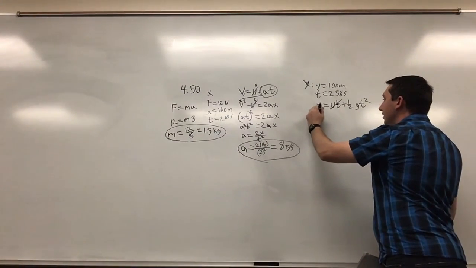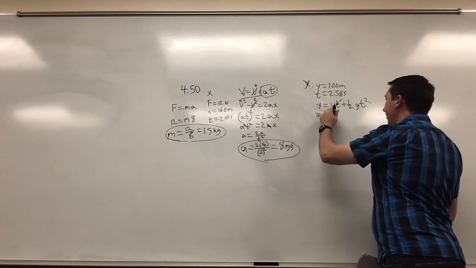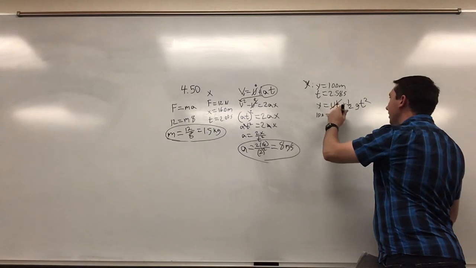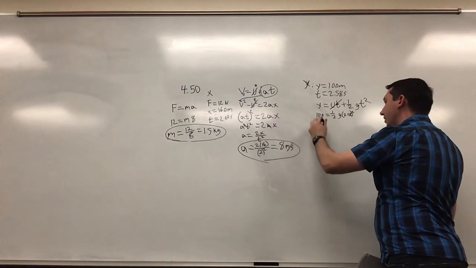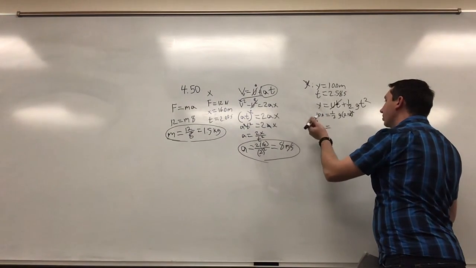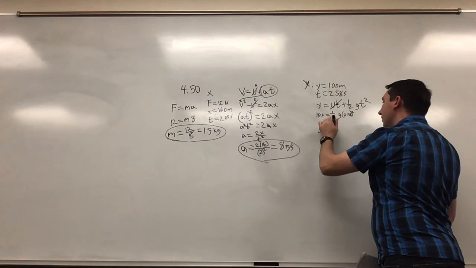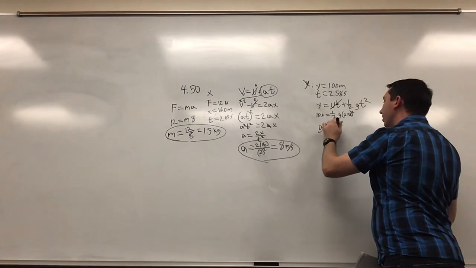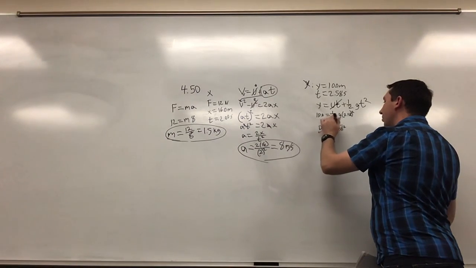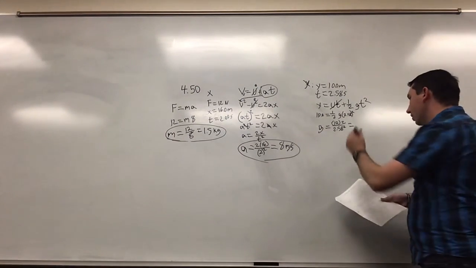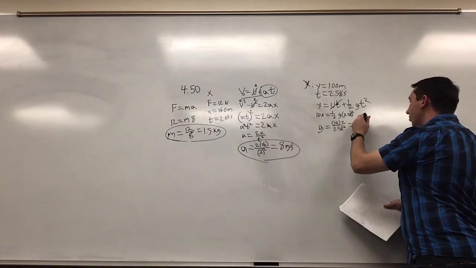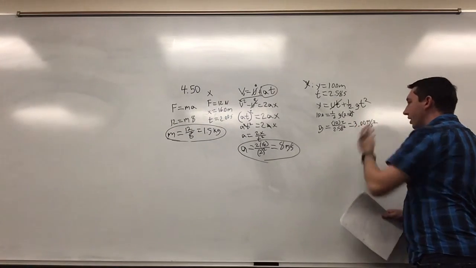We know that the distance is 10 meters. It's equal to 1/2 g times 2.58 squared. So g is equal to 10 divided by 2.58 squared, times 2, which gives us a gravitational pull of 3.00 meters per second squared.